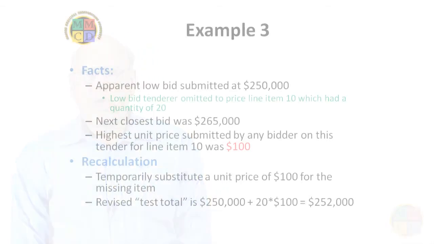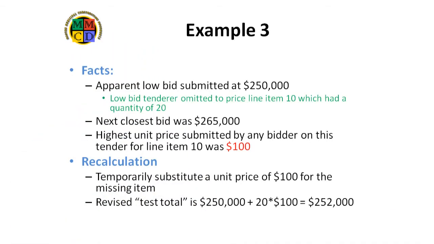Okay, now for the last example. We have the same set of facts as in example 1, except that the highest price bid for line item 10 by any of the other bidders was $100 each, not $500 as we've been using before. What happens now? The facts are the apparent low bid was submitted at $250,000.